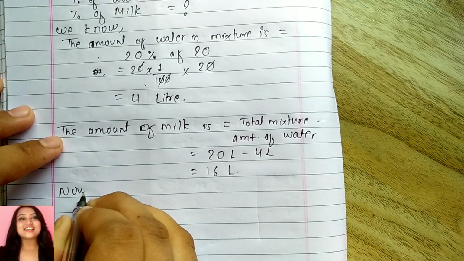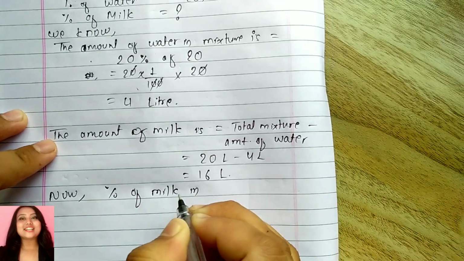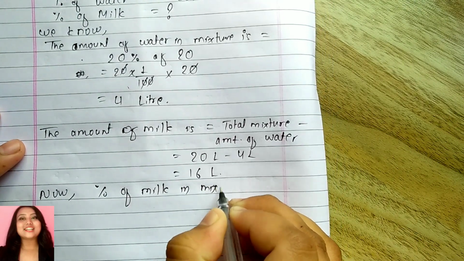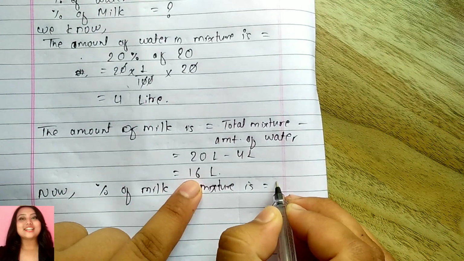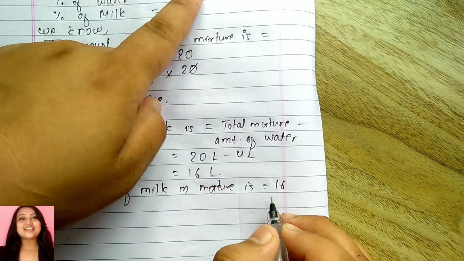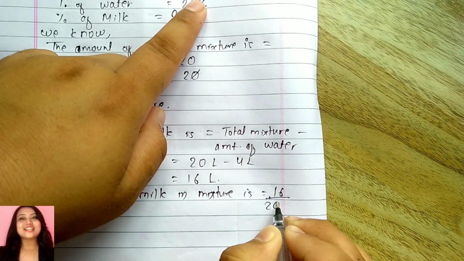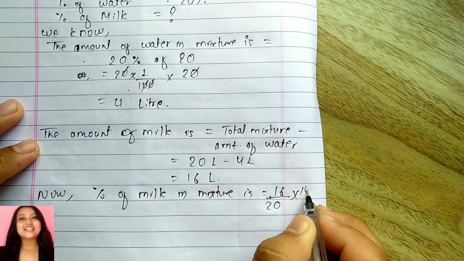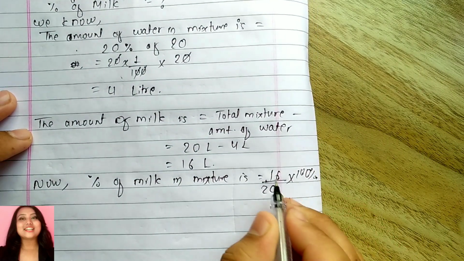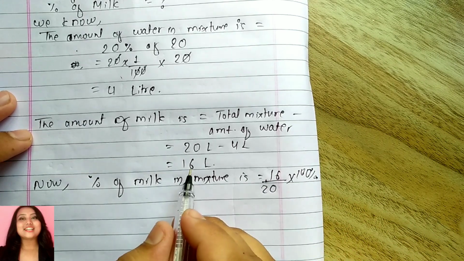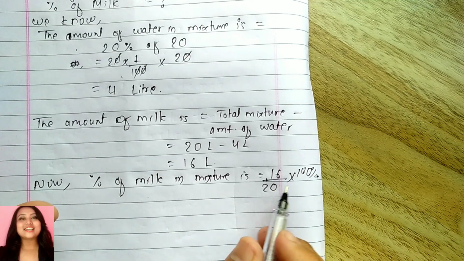Now the percentage of milk in the mixture is, the amount is given 16 and the total amount is 20. 16 out of 20 into 100%. 16 is the unit amount, 20 is the total amount, into 100.